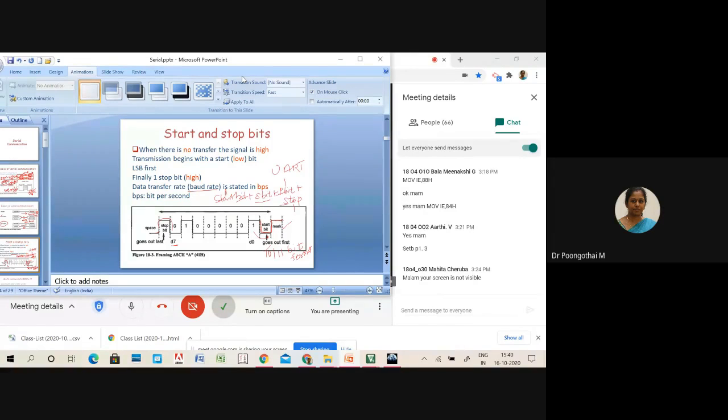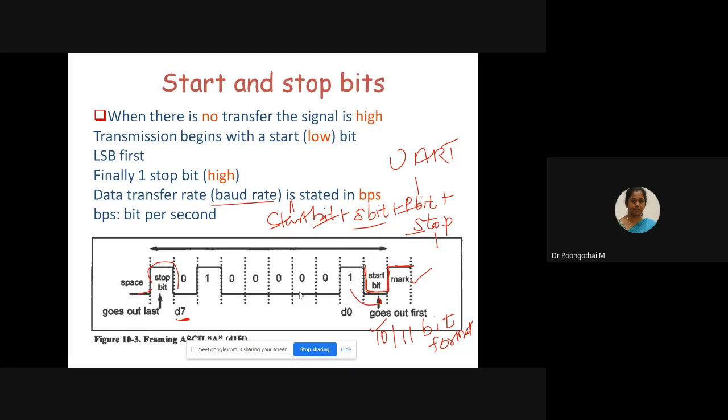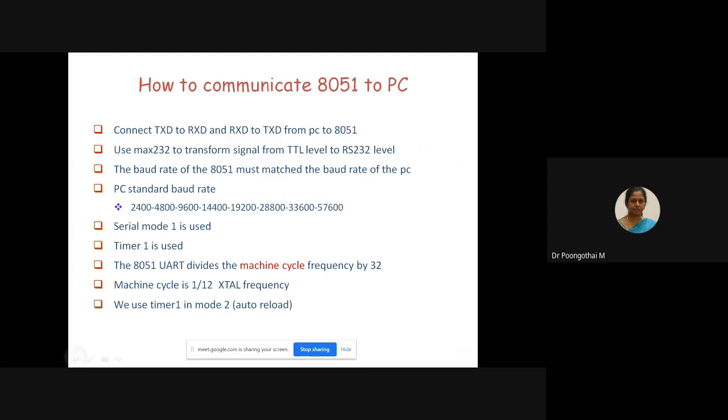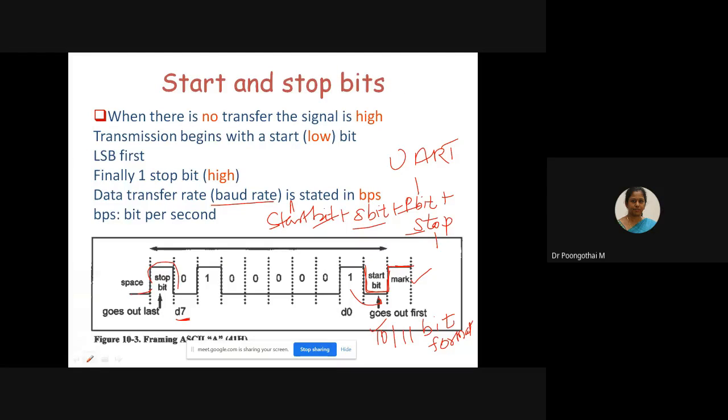Please note it down; it's a very important parameter involved in serial communication. It is the reciprocal of the time to send one bit. So the formula for baud rate is 1 by T.